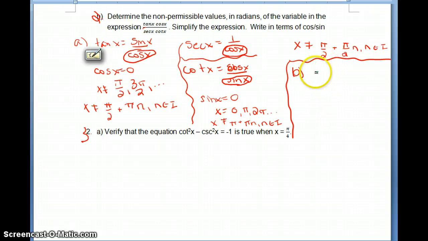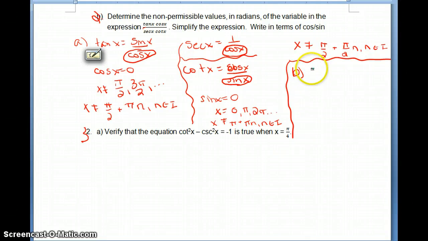So this one here, we're going to be looking at the identities that we looked at at the beginning of this section. So let's rewrite this, and it wants it in terms of cosine and sine. So basically we're going to be changing tan of x, secant of x, and cotan of x. To start, we'll do tan of x.